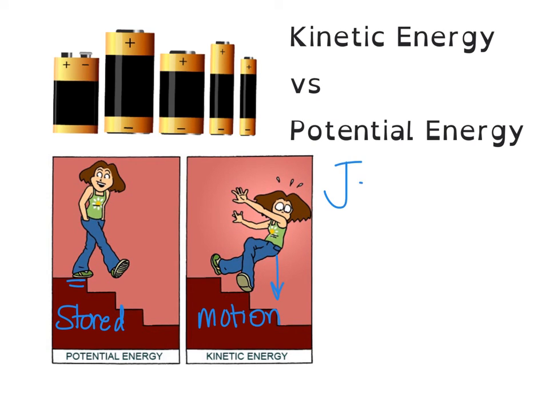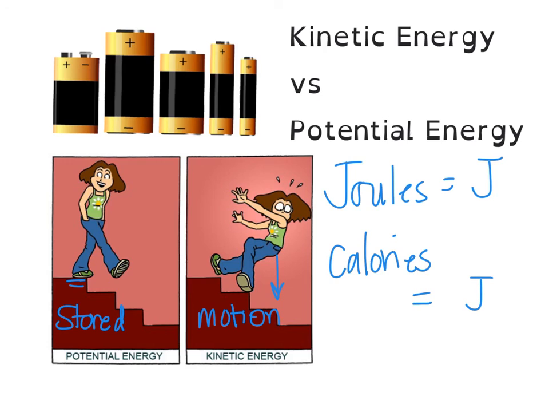Energy is measured in joules, and we abbreviate joules with a capital J. You will most often see kilojoules, and we can also measure energy in calories. And just like the food we eat is measured in calories because it has so much energy, you can equate joules and calories, and 1 calorie is 4.184 joules.